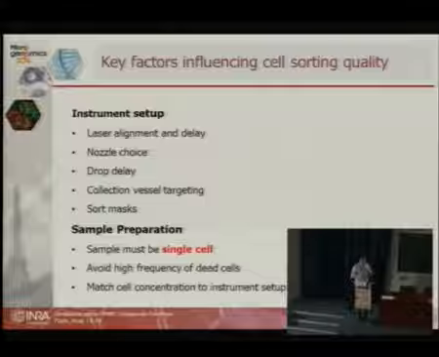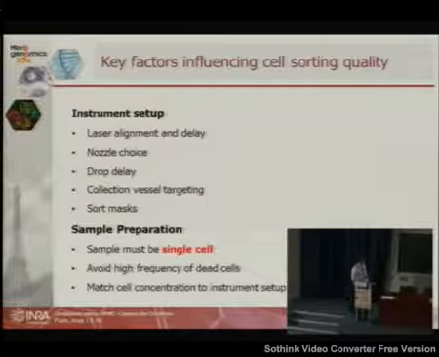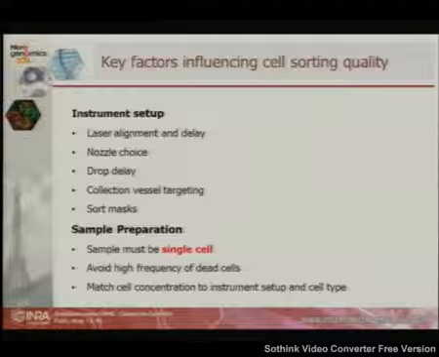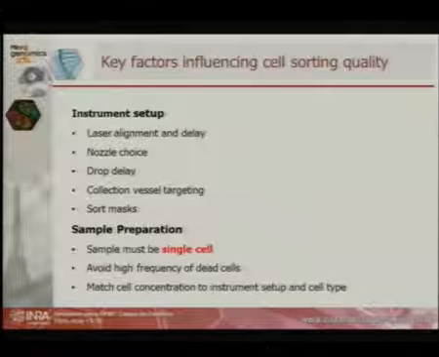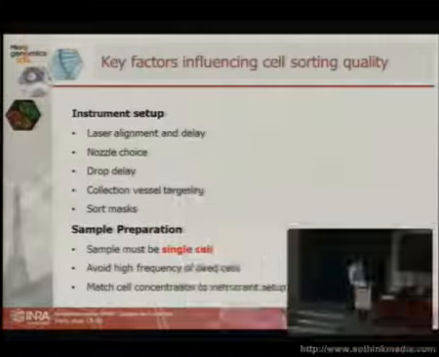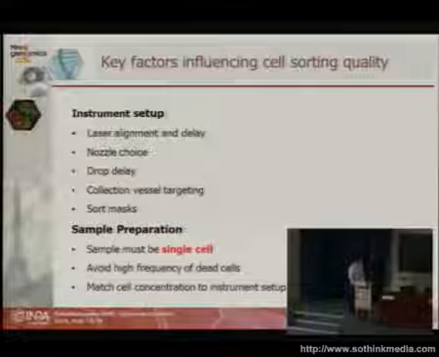So if you have packets of cells that are clumped to one another, it's not going to work. You have to avoid a high frequency of dead cells, because this is also detrimental to yield, recovery and purity. And you have to match the cell concentration to your instrument and set up a cell type. I will give some clues on that.